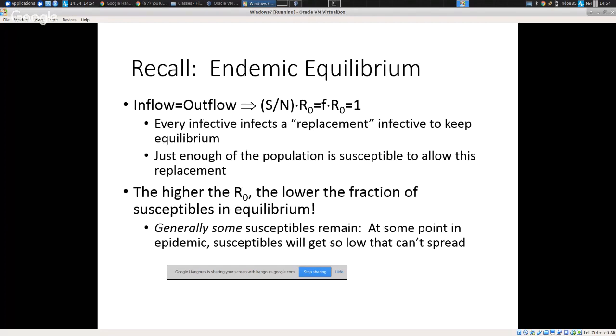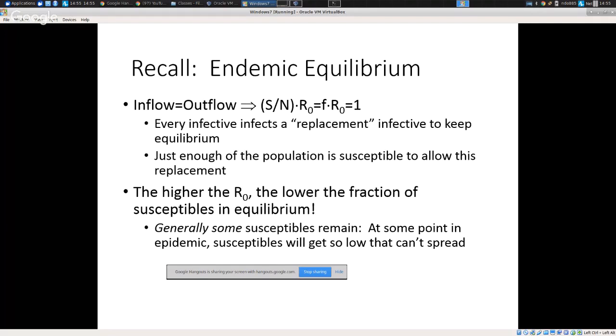C times S over N is the number of those people per unit time they encounter that are susceptible, times beta, the chance of transmitting to each susceptible. So C times S over N times beta is the number of people to whom on average they transmit per day, times D, the length of time they're infected. That's on average the number of people they're infecting right now.